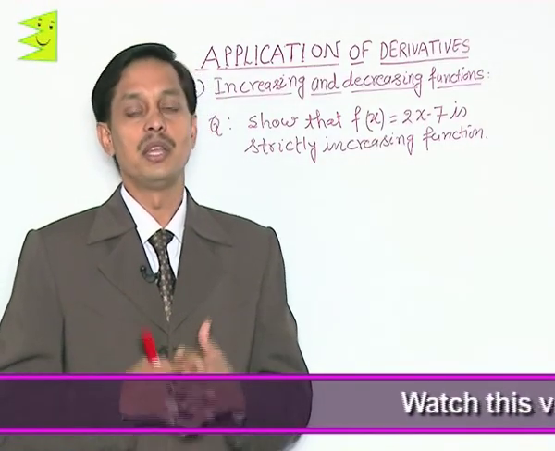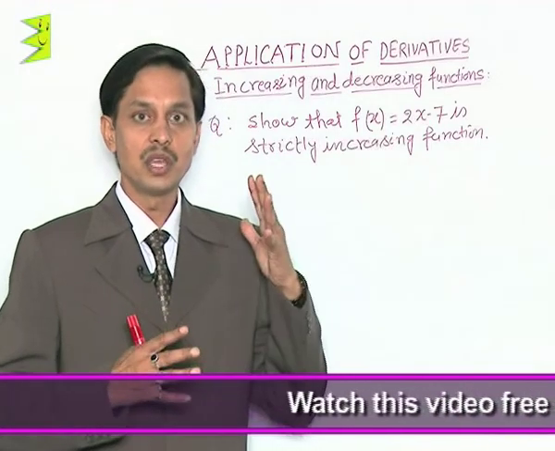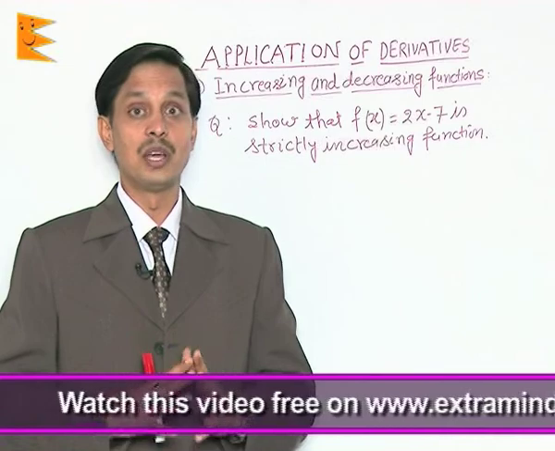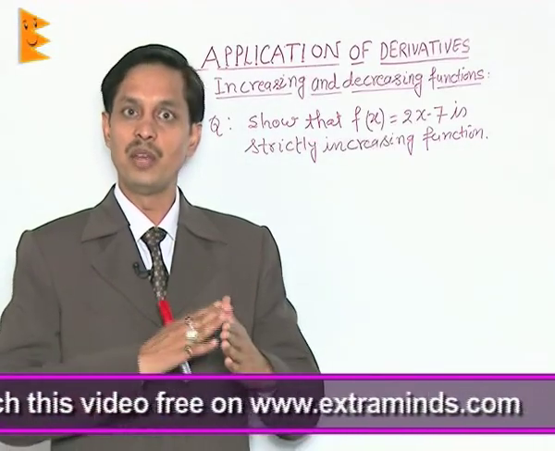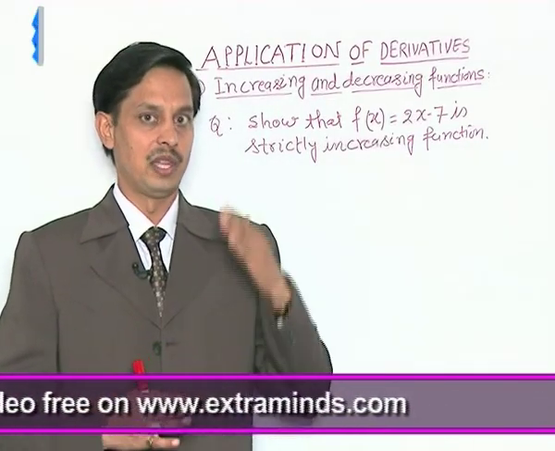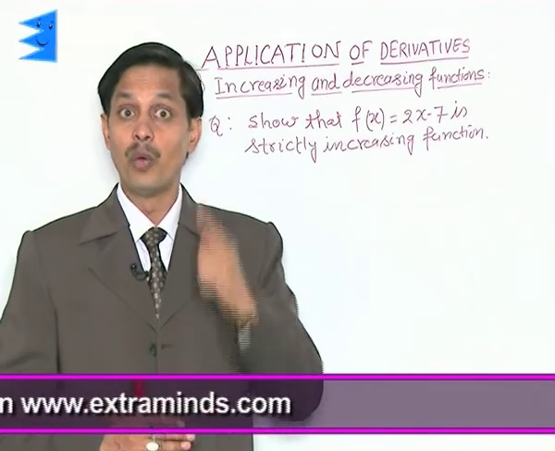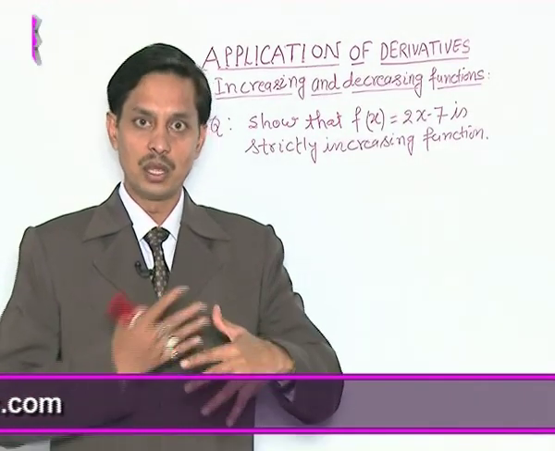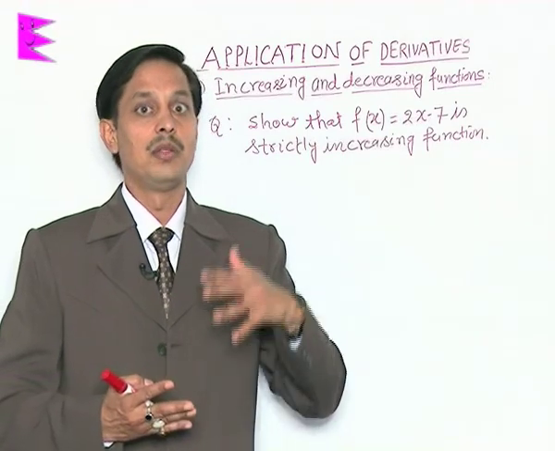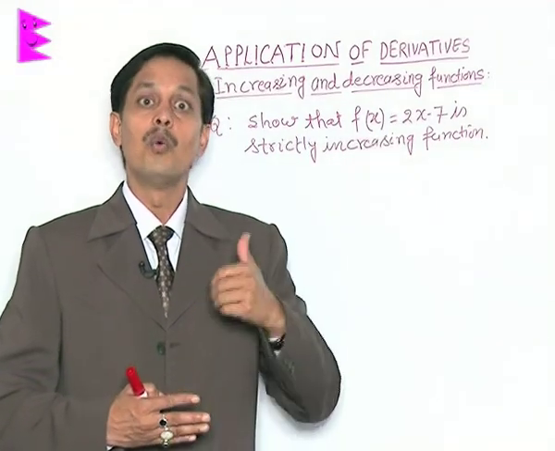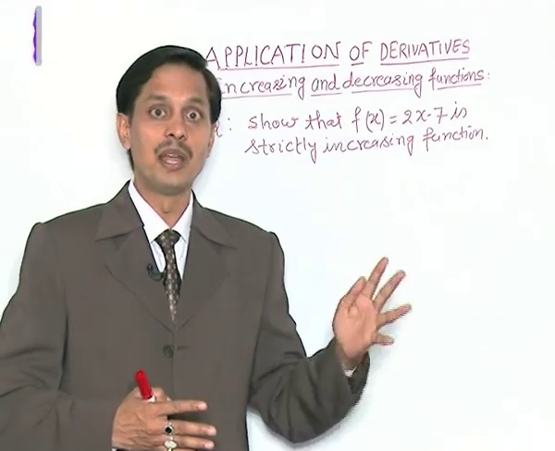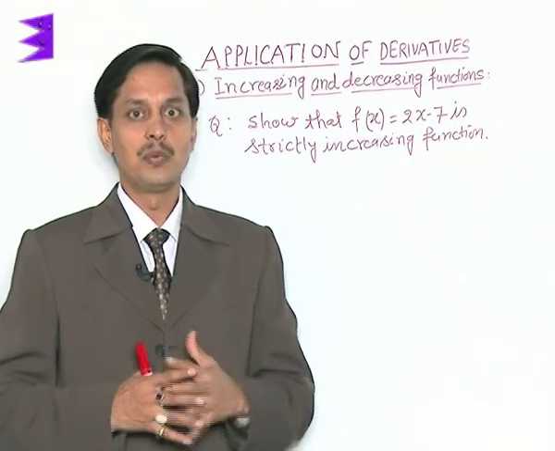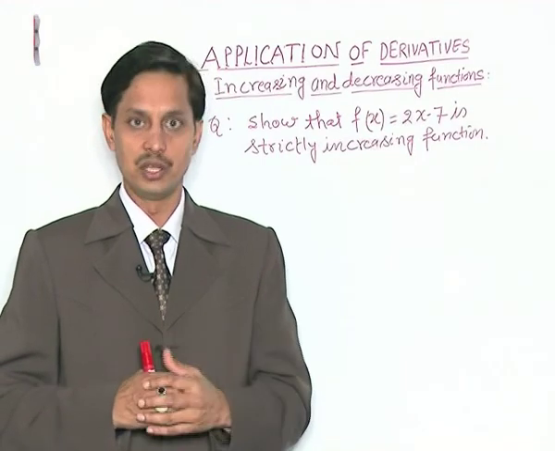It means it is the strictly increasing function. And the reverse of it: in a function, when we increase the value of x, the independent variable, the value of y, the dependent variable, decreases. If the reverse happens, that function is known as strictly decreasing.